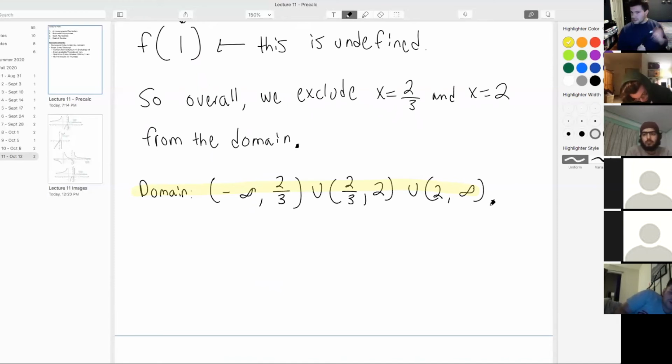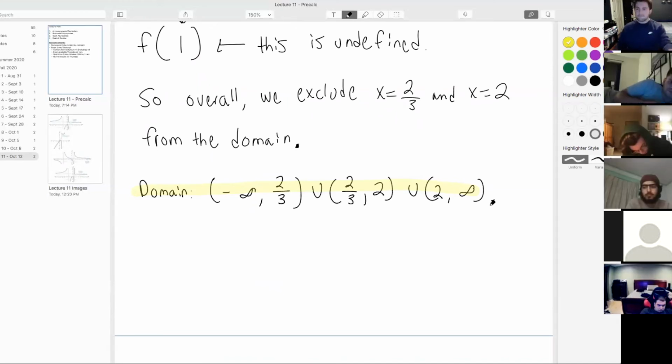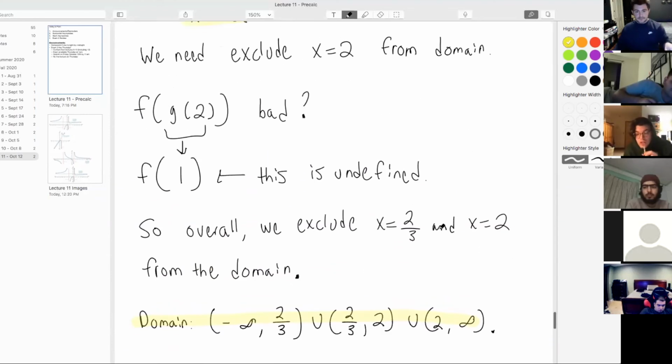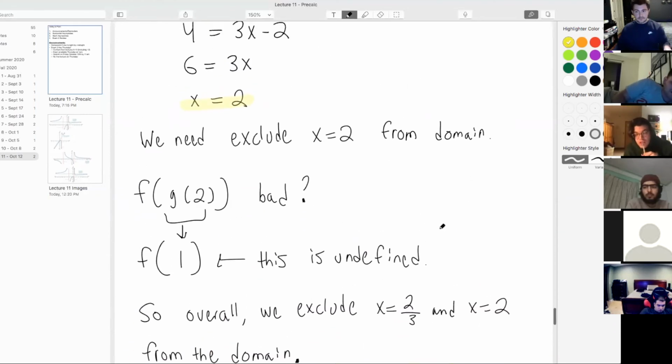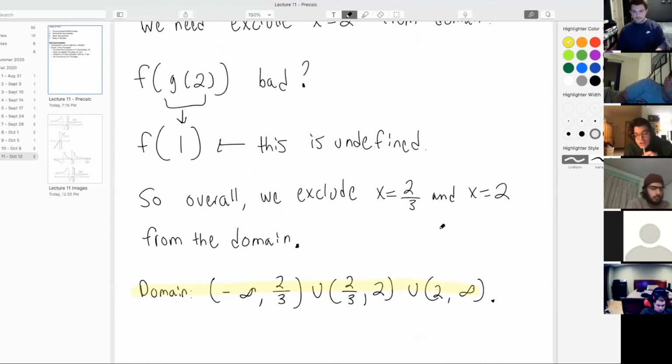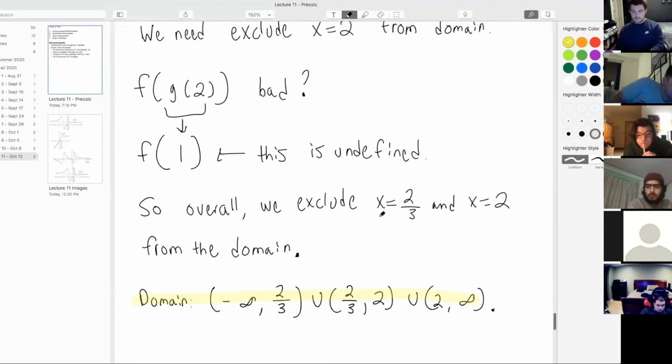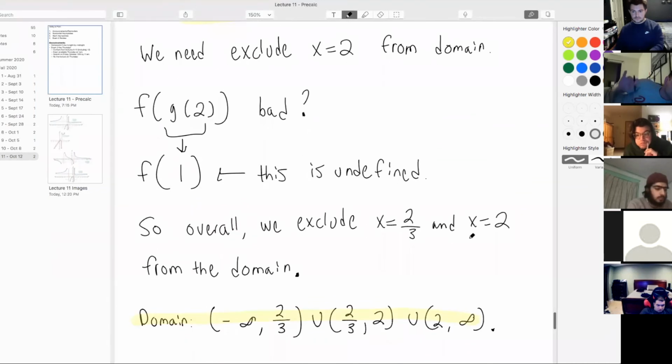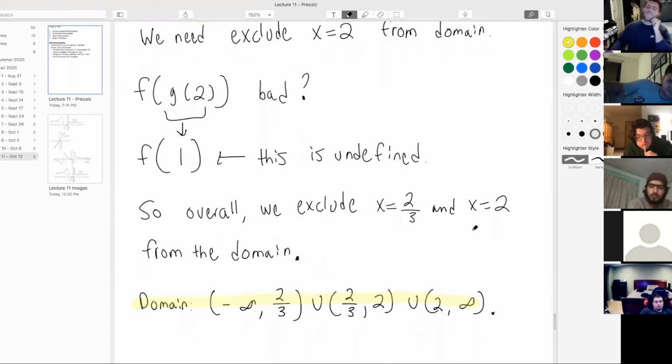So, any questions? I have one question. Just the bottom line of the domain of composite functions: you first exclude g of x's domain, and then you exclude the values where g of x equals the excluded values of f's domain. Does that make sense?